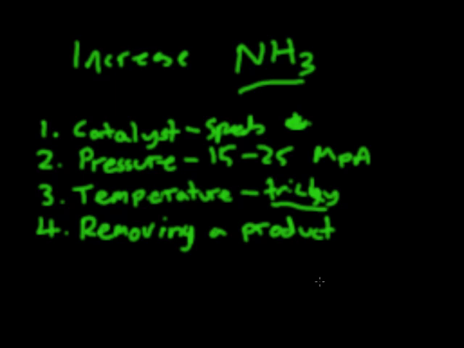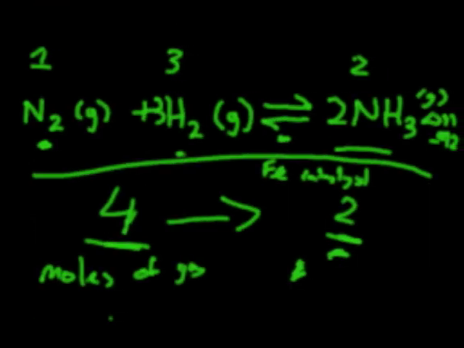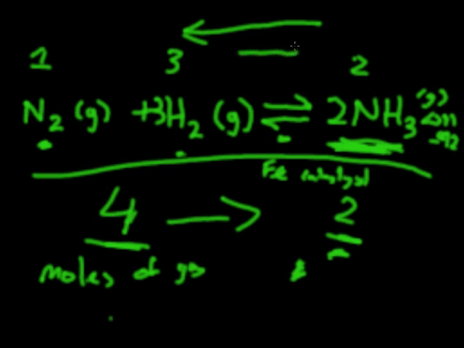So if the reaction is exothermic, that is to say that the reaction releases heat, which is what this one does when the products are formed, then increasing the temperature will shift the reaction to the left. If it was an endothermic reaction, force it to the right, but this is an exothermic reaction, so increasing the temperature is actually going to force this reaction to the left.